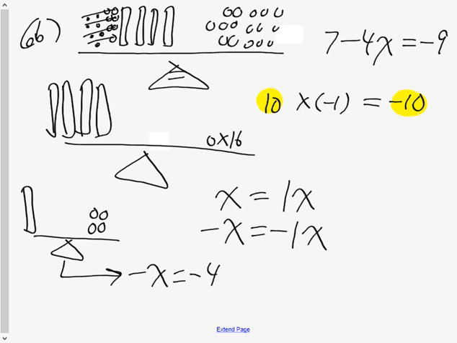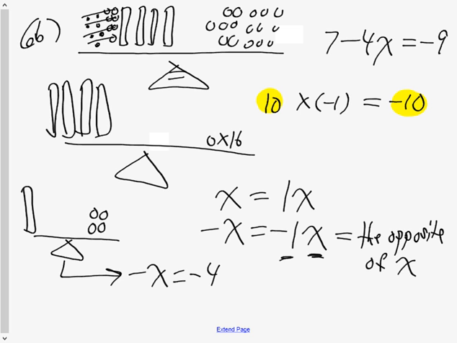So if you multiply any number by negative 1 and you get its opposite, then this actually means the opposite of x. Does that make sense to people? If you take any number, x, and you multiply it by negative 1, you will get its opposite. So since that is true, there are 2 ways for us to solve it.